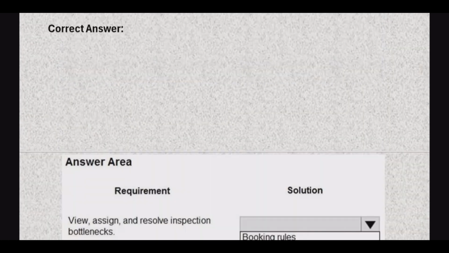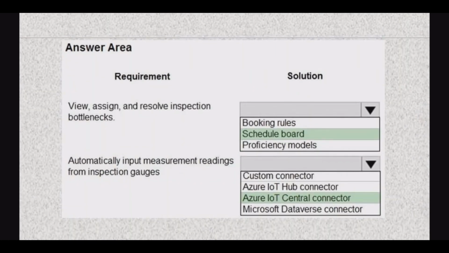Now look for the correct answer. The correct answer for the solution view, assign and resolve inspection bottleneck is schedule board, and the correct answer for the second requirement, automatically input measurement readings from inspection gauges, is Azure IoT Central Connector.